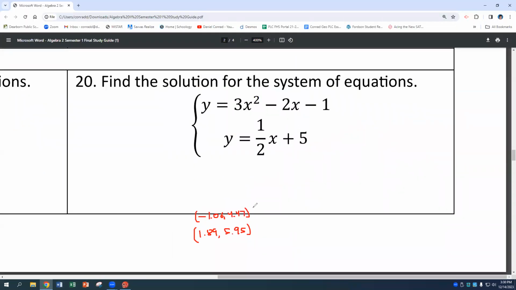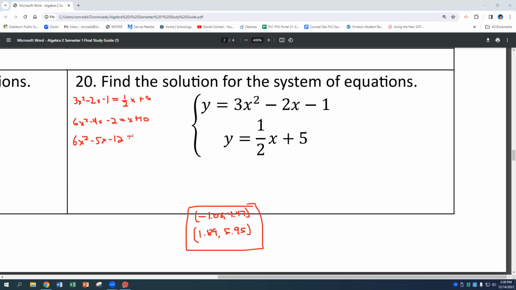Okay, right here. Again, if you want to use substitution, you could have, right? We could have said 3x squared minus 2x minus 1 equals 1/2 x plus 5. Okay, I would multiply everything by 2, so I'd get 6x squared minus 4x minus 2 equals x plus 10. Move everything to one side, so we'd have 6x squared minus 5x minus 12.